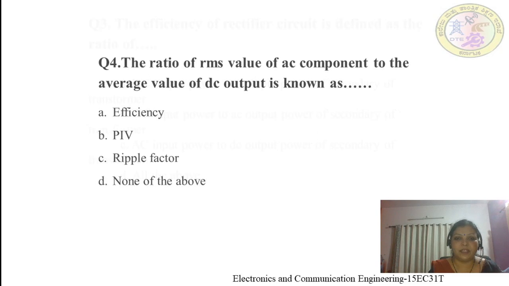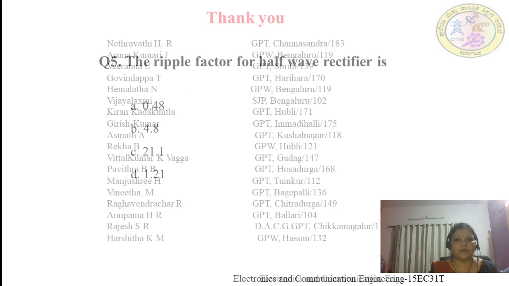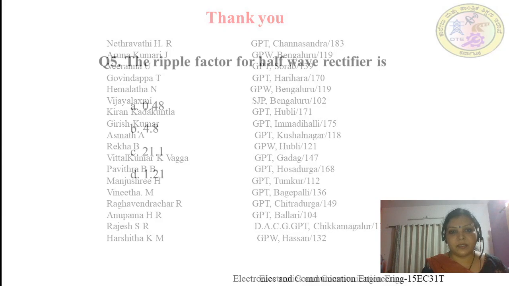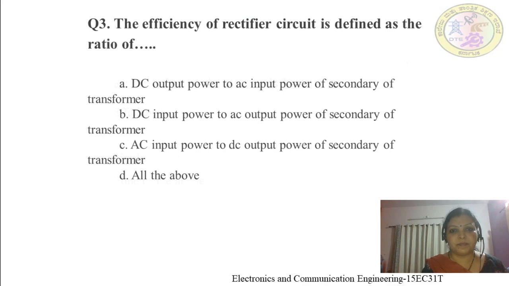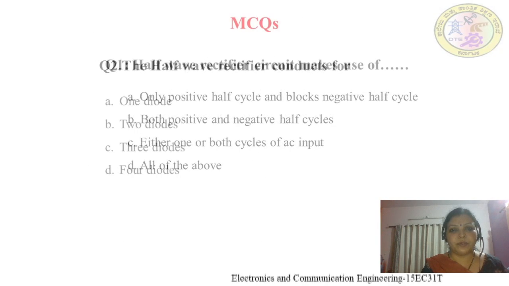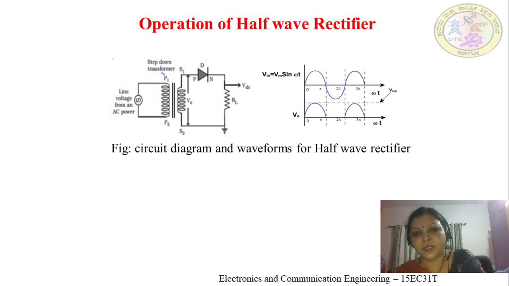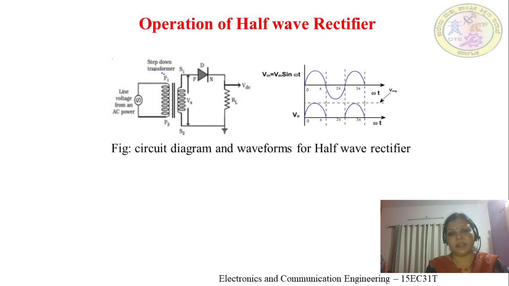So with this we come to an end of the discussion. I would like to recap the topic once again. I will stay on this slide because with this slide alone we can recap all the things we had discussed.